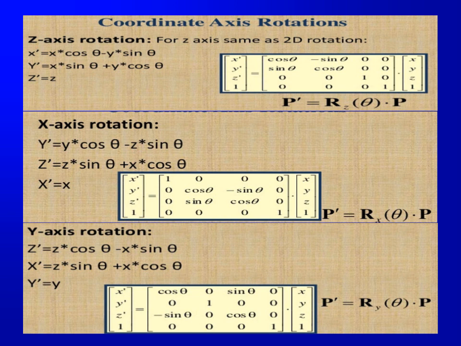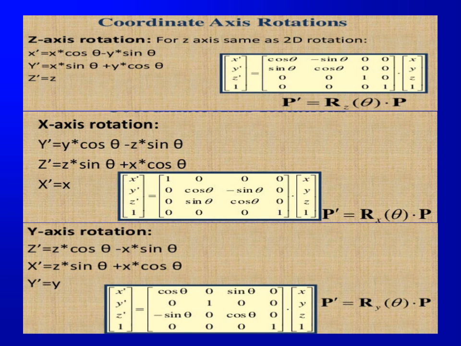And last but not least, the fourth row has the values 0 0 0 and 1. Now it is also multiplied with the old coordinates x, y, z, 1.